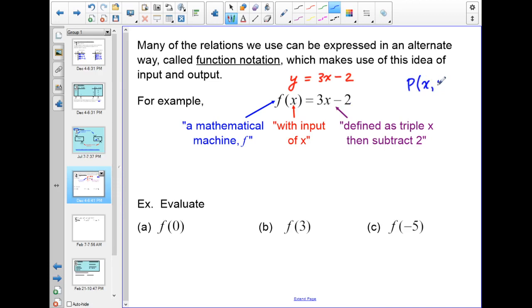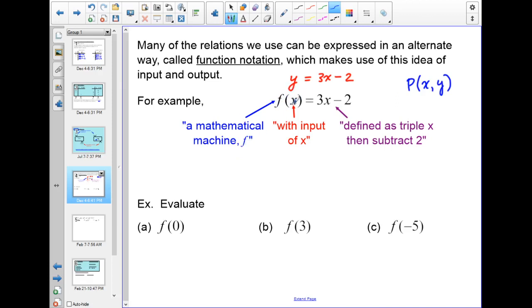When we talk about a point with an x-coordinate and a y-coordinate, you're probably sophisticated enough at this point that you don't think of that as the letter p multiplied by this x comma y. This p is a label, and the x comma y represents a set of Cartesian coordinates. This f is a label, it's the name of the machine, and these brackets represent the input.